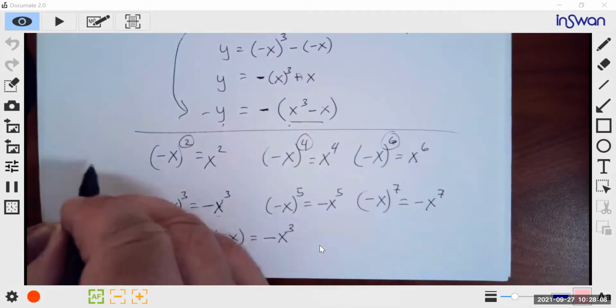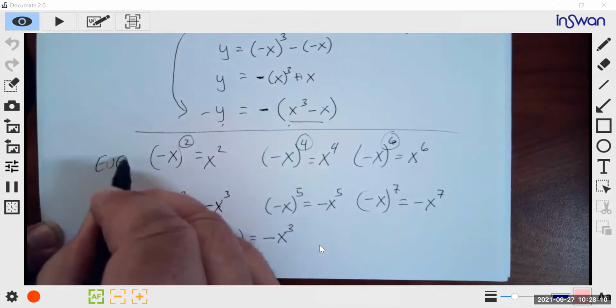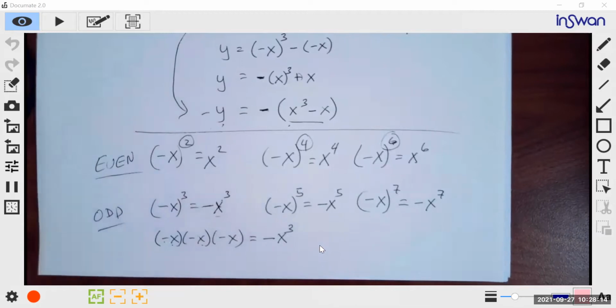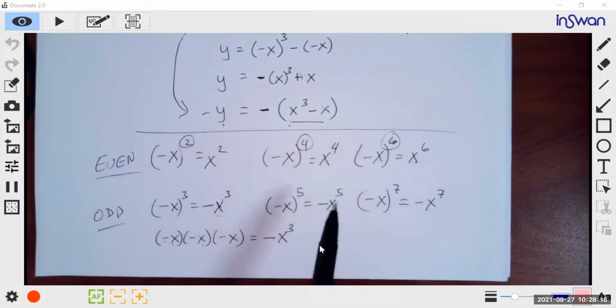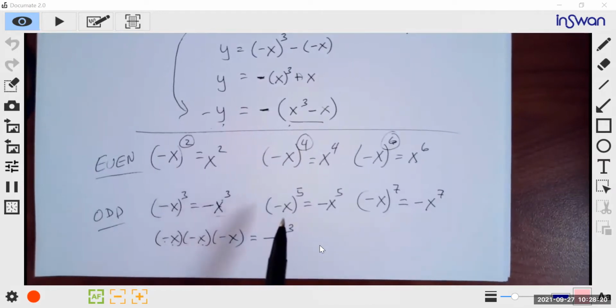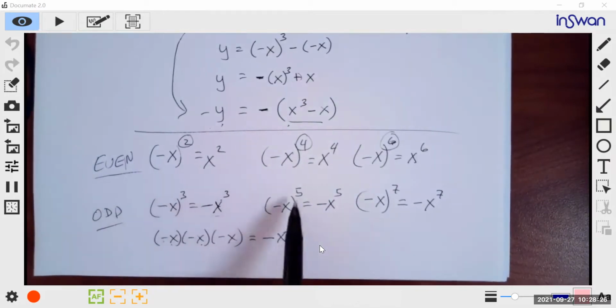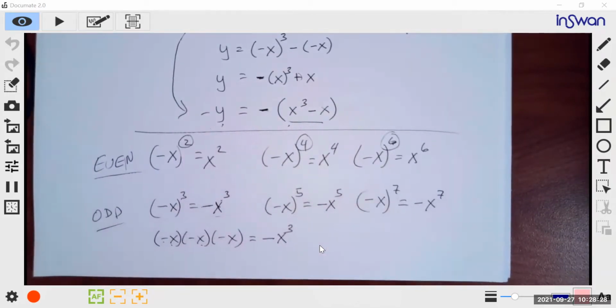Okay, so if you have only even exponents, then you have an even function. If you have only odd exponents, then you have an odd function. There it is.